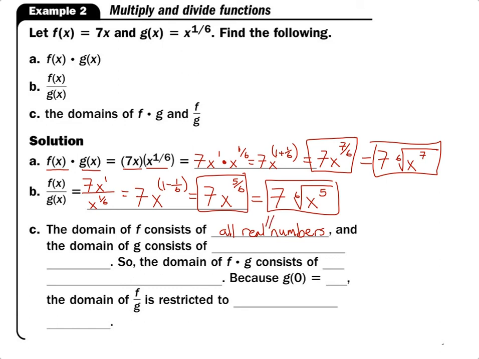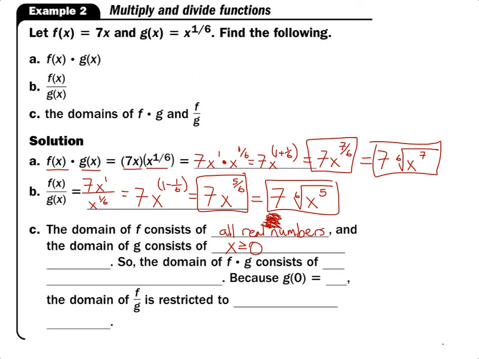So someday somebody will teach you that that's the same as an R with a double back down the side, but not today. I didn't teach you that. Okay, and the domain of g consists of, now g is this thing where it's x to the 1/6. So since we're talking about sixth root, even root, x has to be greater than or equal to 0.